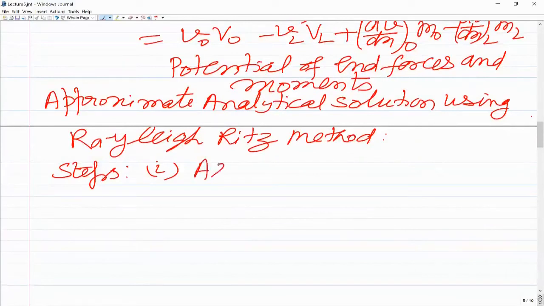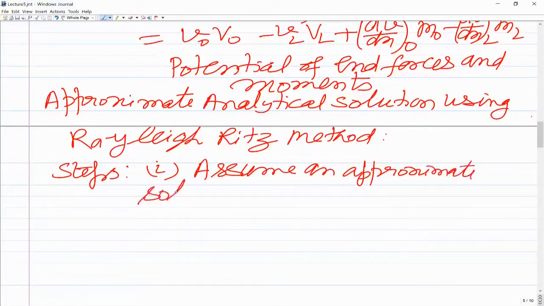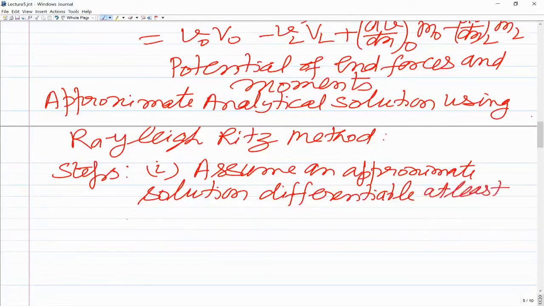This is more or less similar to what we do in the weak form based approximate analytical solution. So assume an approximate solution. The only thing is we will have to see the differentiability requirement: differentiable at least up to the highest order derivative present in the integral functional.